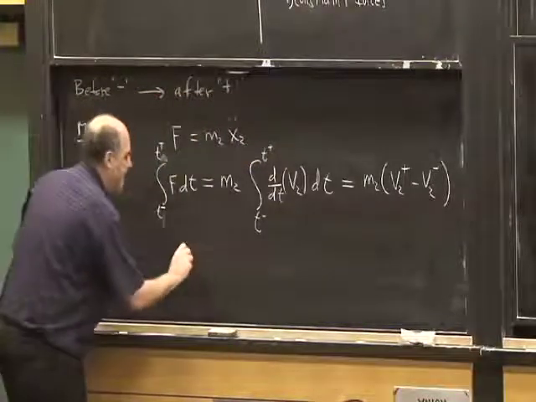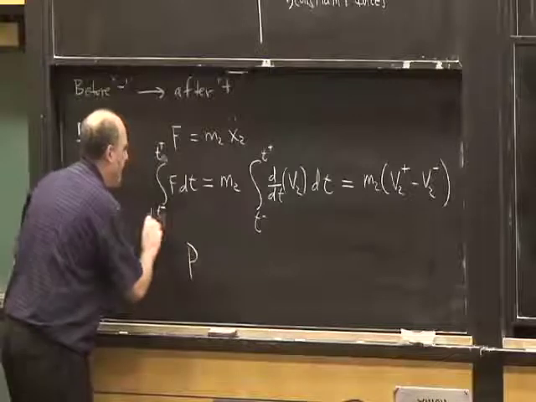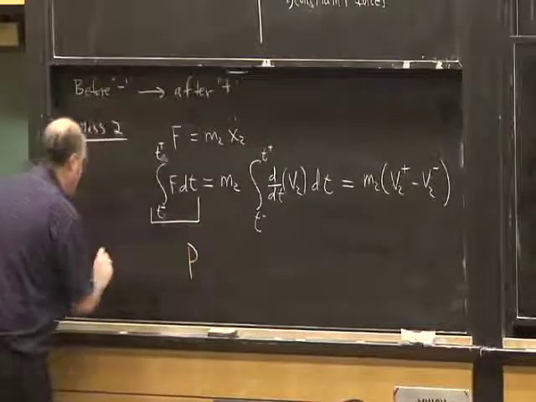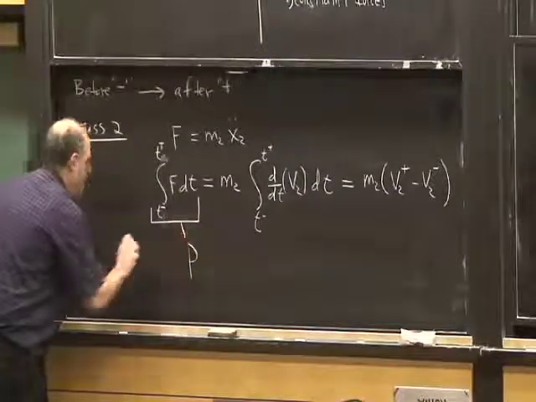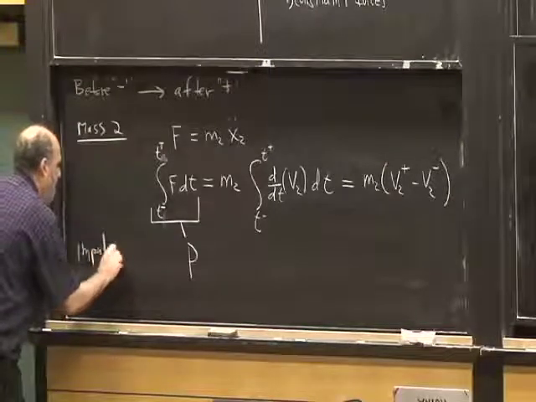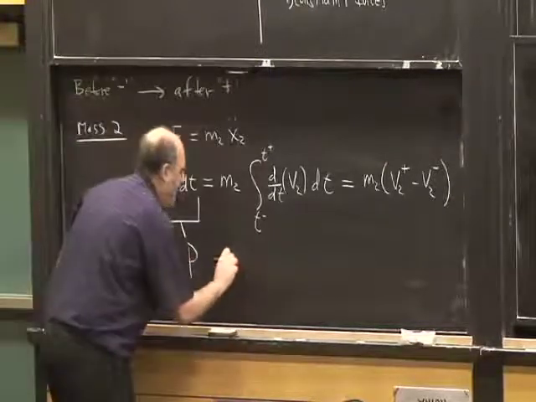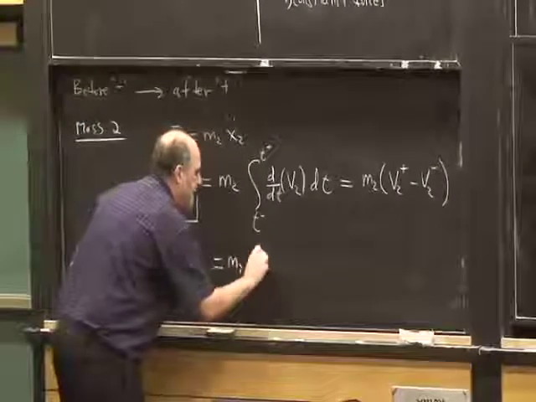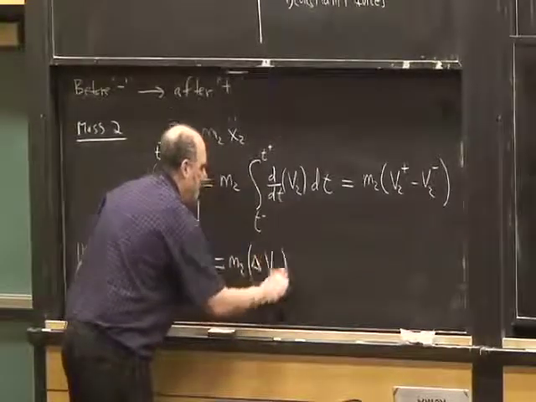And the simple language we use for that is that we define this thing to be p, the impulse, when you use the letter p for it, is equal to the mass times the change in the velocity.